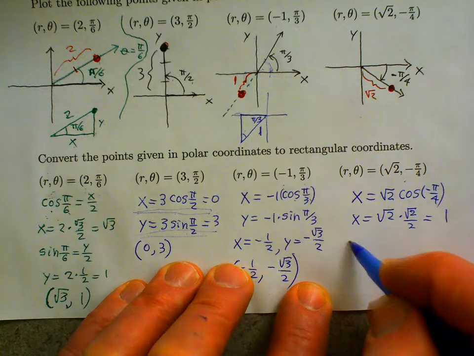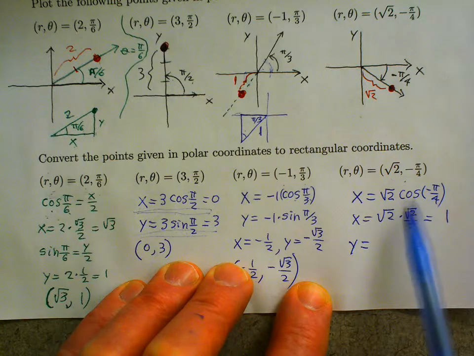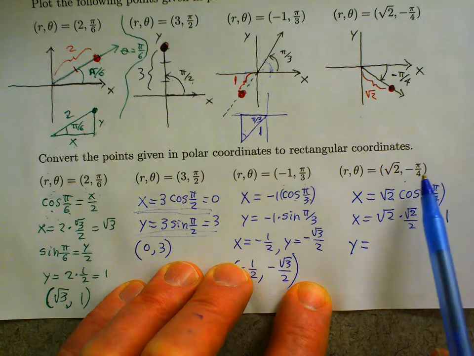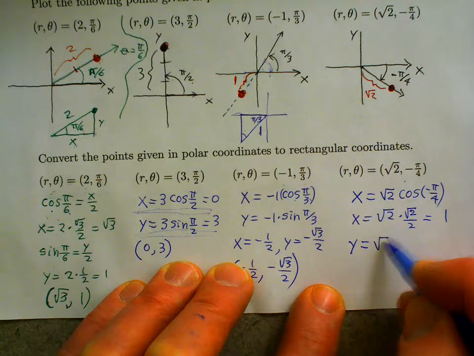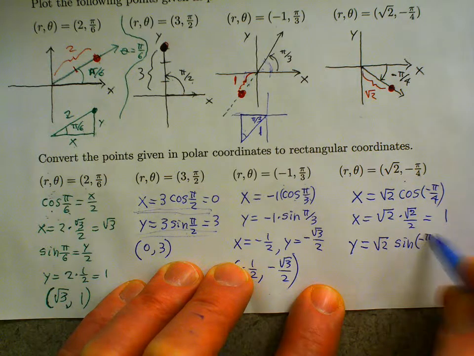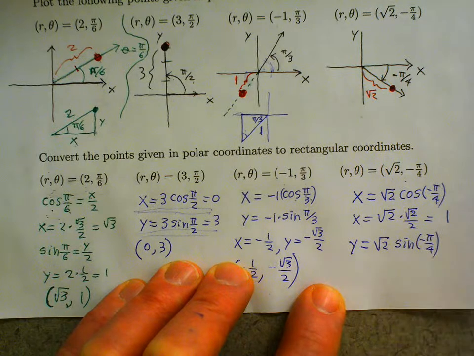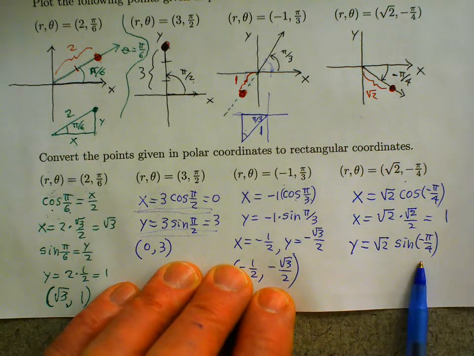Okay, the y-coordinate is r times sine of the angle. So y is the square root of 2 times the sine of negative pi over 4. So what do we know about the sine of negative pi over 4?